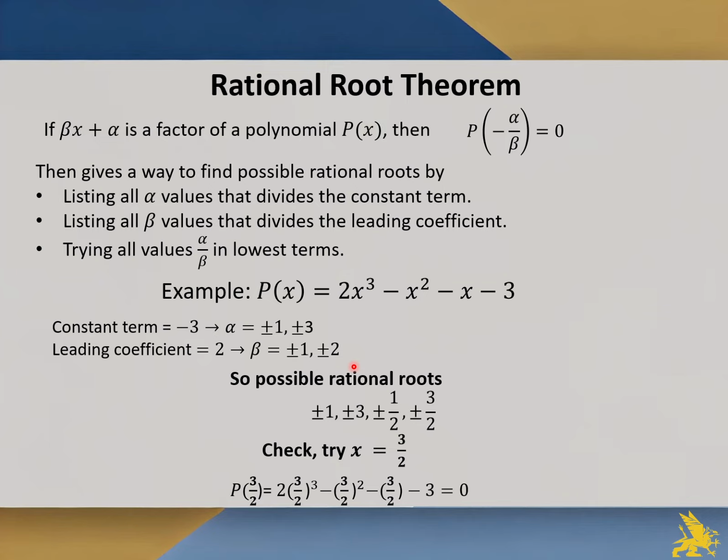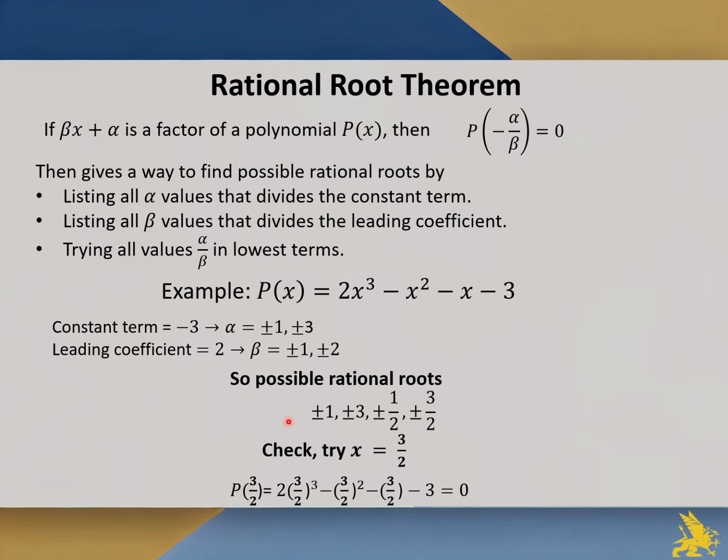So that is going to give us all of our values when we look at the factors of the constant term over the factors of the leading coefficient. So that will be 1 over 1 is 1, positive and negative. 3 over 1 is positive and -3. 1 over 2, positive and negative a half, and 3 over 2, positive and negative.